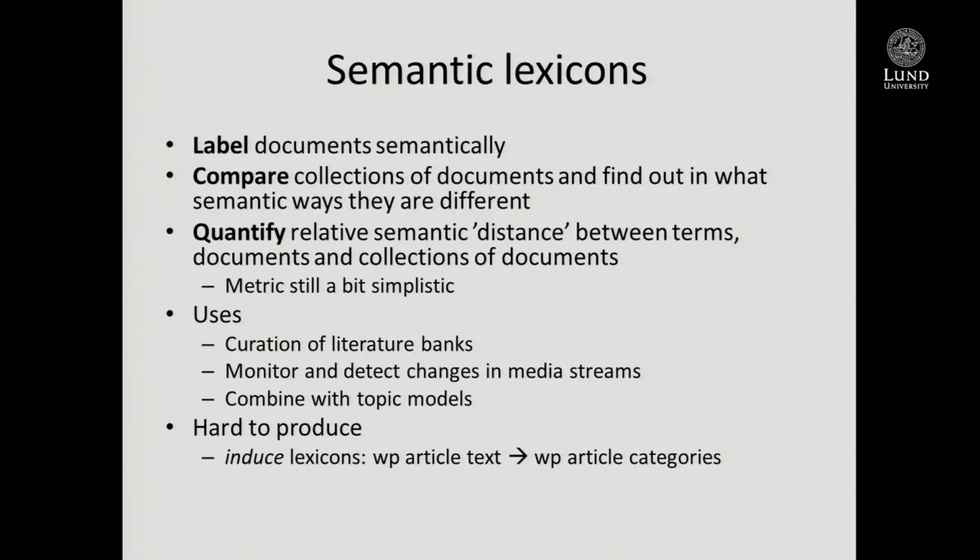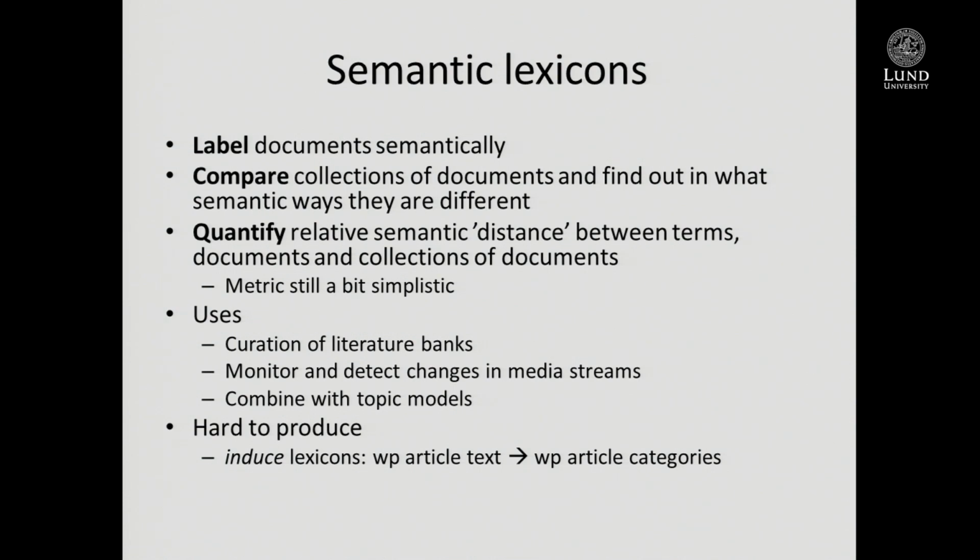I did a small test, but I'm going to skip that because of time, because I want to summarize this. So what you can do with this is label documents semantically. And we can compare collections of documents and find out in what semantic ways they are different.